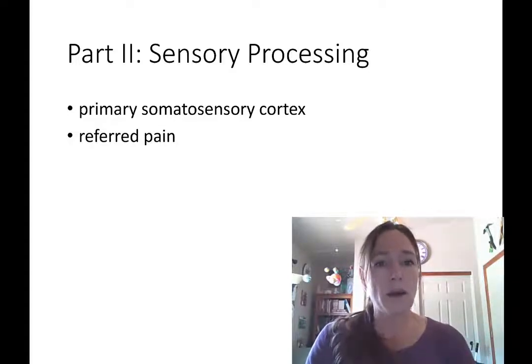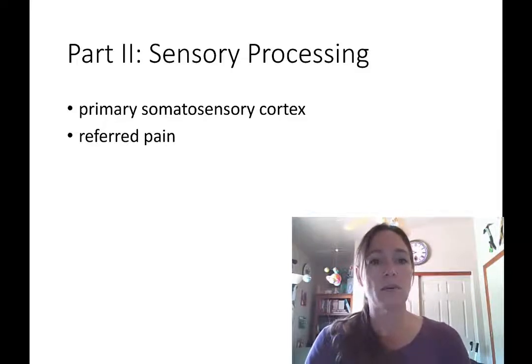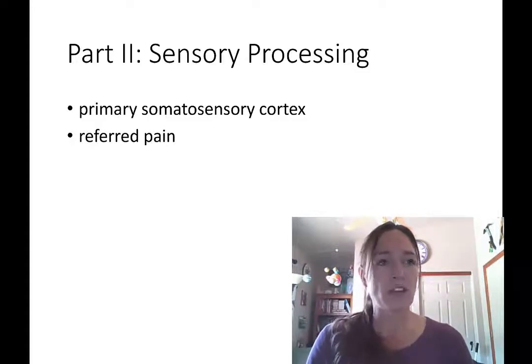It's going to go up to the primary somatosensory cortex, also known as the postcentral gyrus, which is in the parietal lobe. It is this primary somatosensory cortex that brings in information about pressure or pain or twisting pressure. All the different tactile receptors and other receptors terminate in this part of your brain, which the somatosensory association area will then interpret.